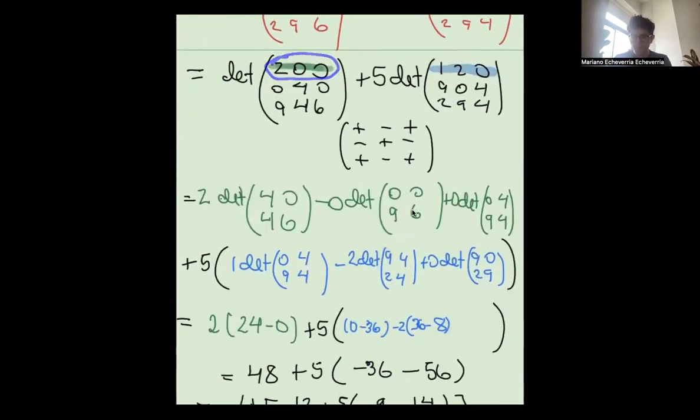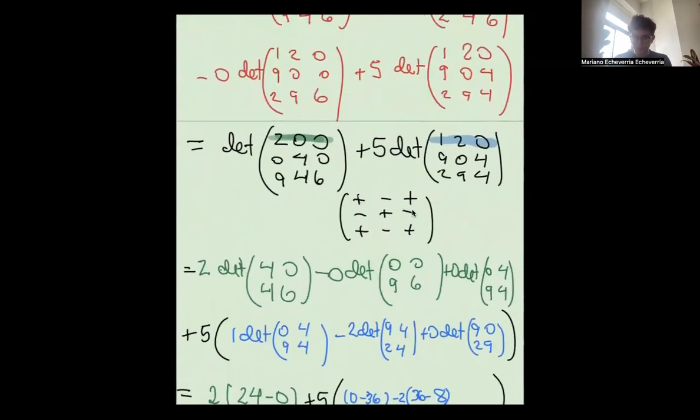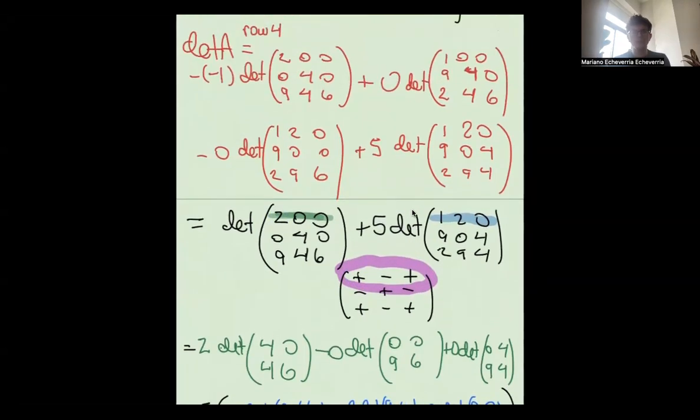So in the green stuff, if you look at the first row, the coefficient 2 starts with a plus, right? And there was no minus in front of it because there was a minus minus in the formula.